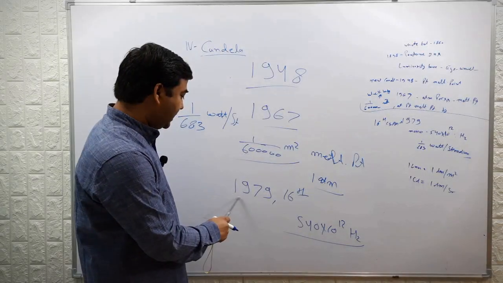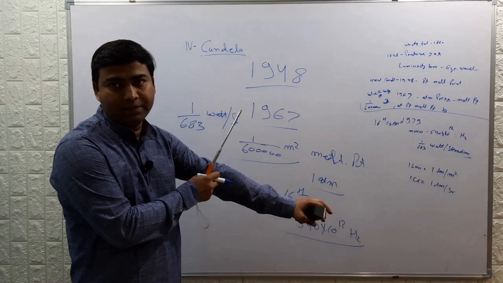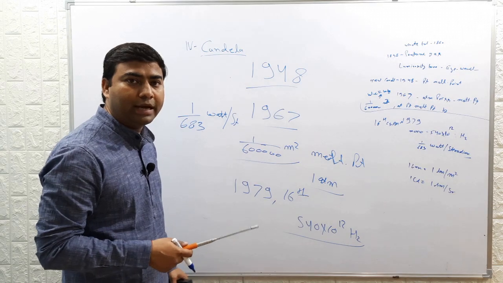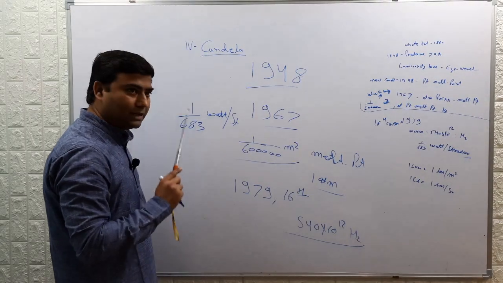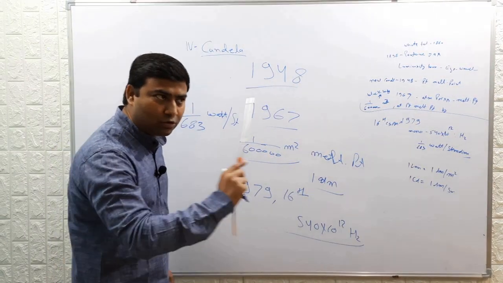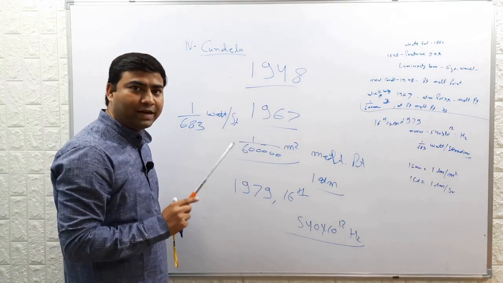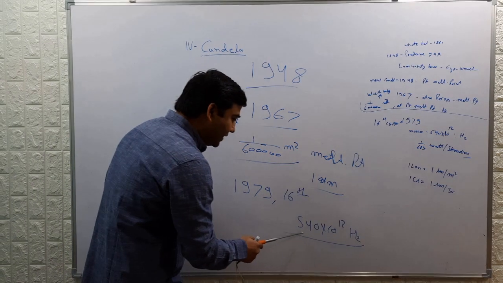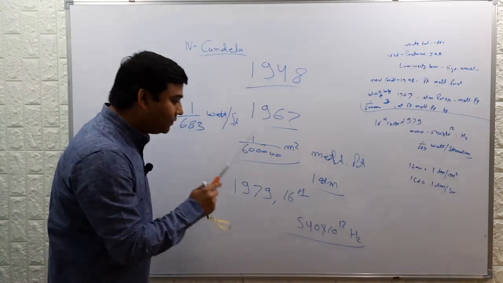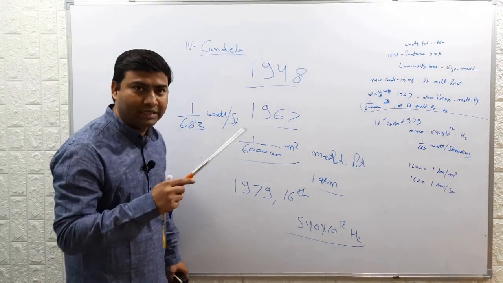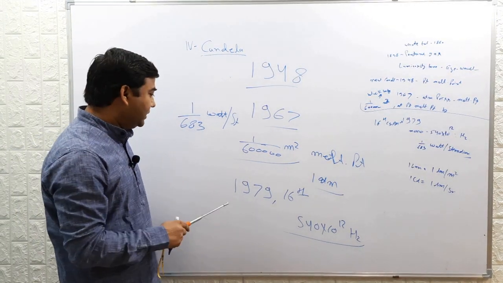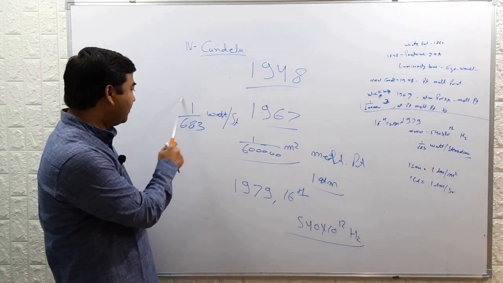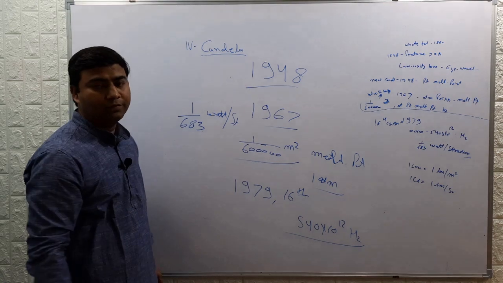So 1 candela for a source in a particular direction was defined as the luminous intensity for 540 into 10 power 12 hertz monochromatic radiation in unit solid angle having power equal to 1 by 683 watt.